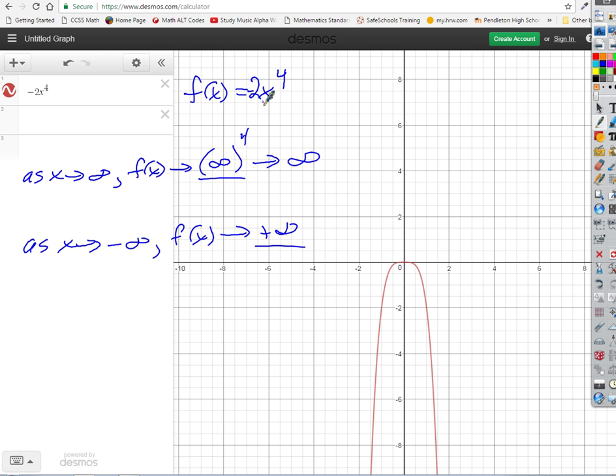Then as x approaches positive infinity, I'm going to have this positive number that we're getting from x to the fourth times a negative coefficient. And what's the sign rule? Negative times positive is negative. And so that's going to make both of those negative, right? Okay, how about this one?